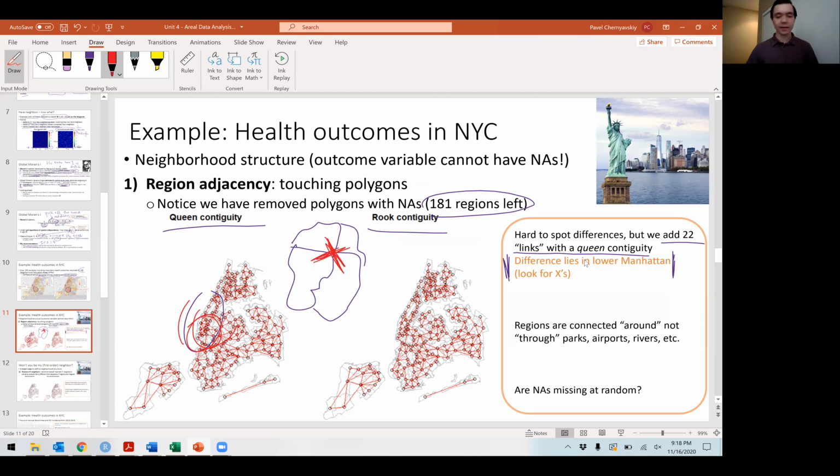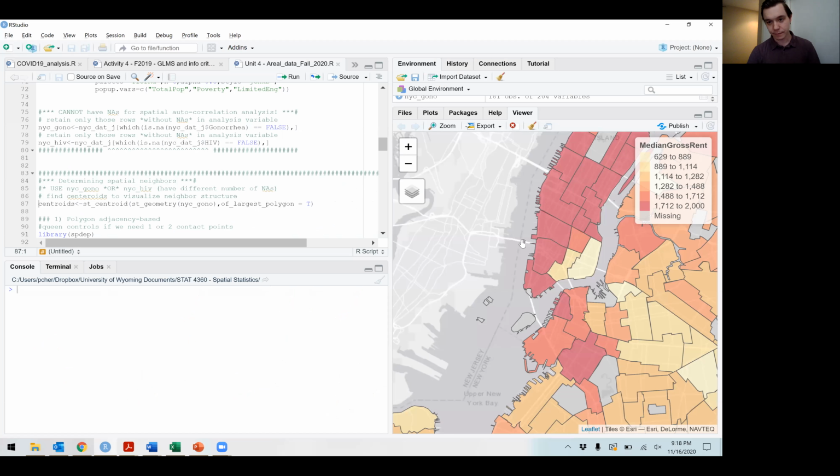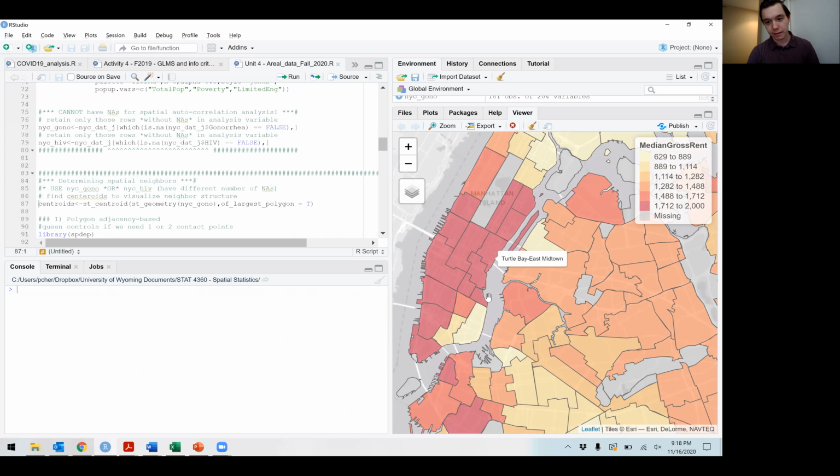You know, which one do I go with? Quite frankly, I have no problem letting, you know, northeast and southwest neighbors be neighbors, especially in the same borough. You will notice that, interestingly, I form connections across the East River. East River comes down right over here.